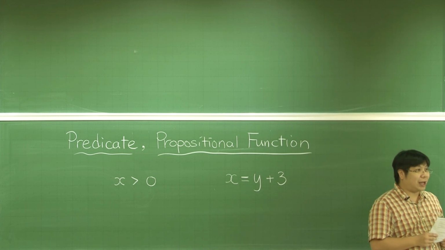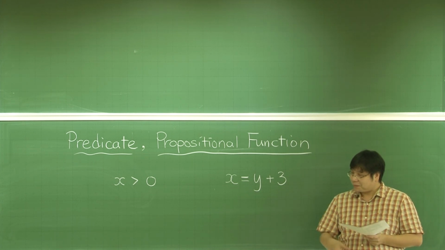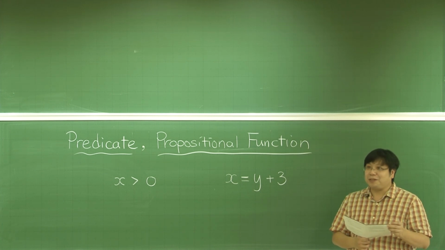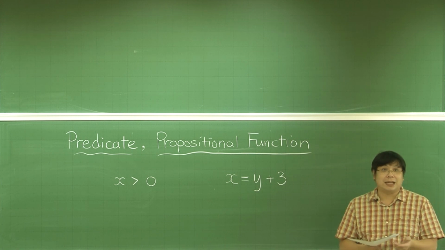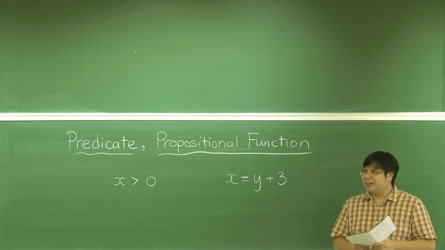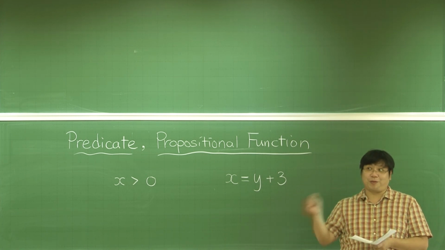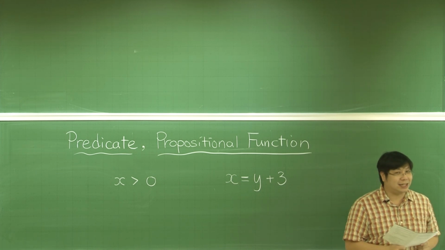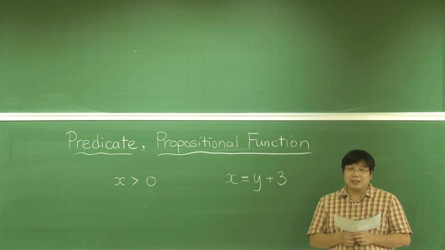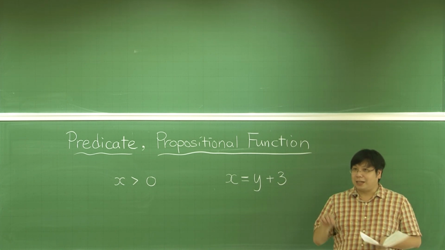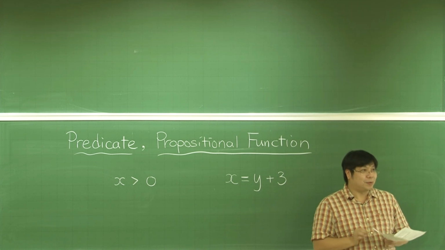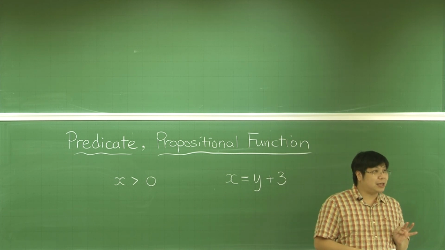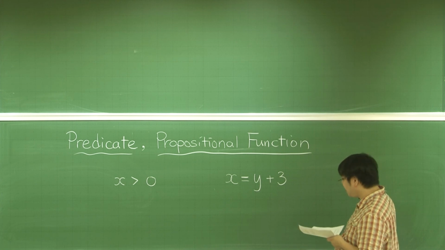If you have taken some time to look at assignment 1, you will find that there are indeed some sentences that can be both true and false, or neither true nor false. We will talk about this later in the tutorial. But basically, a proposition is a special kind of sentence that can only be true or false, but not both. And today we are going to talk about some related topics.